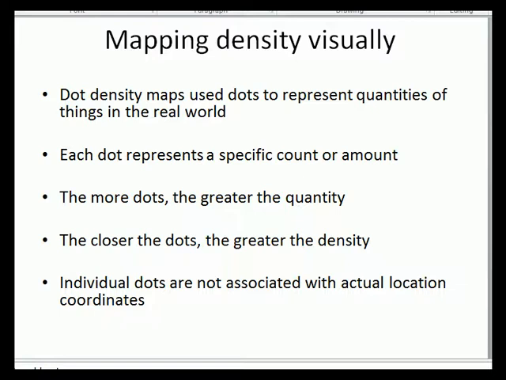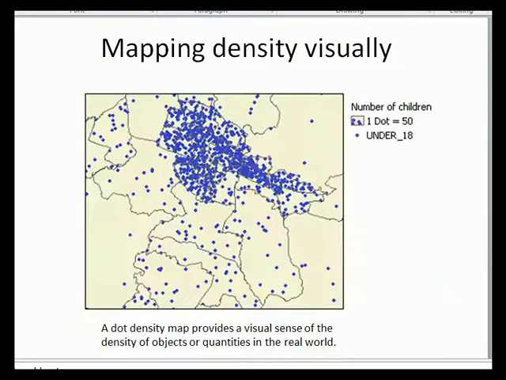But understand that an individual dot is not associated with an actual location. So in this example, we've got dots that represent 50 children that are under 18. Each dot represents 50. You can change that number. The more the dots, the more the children. The closer the dots are, the denser they are.